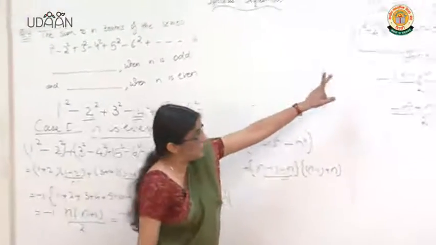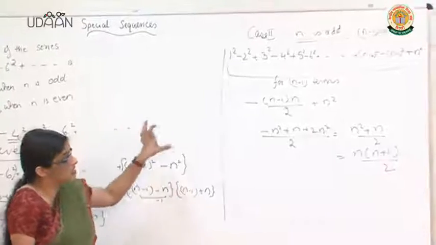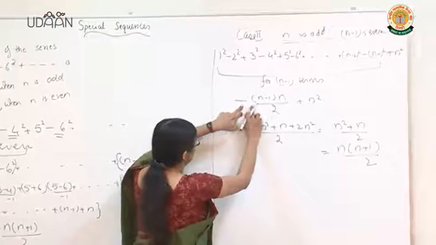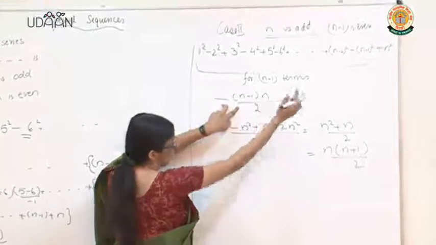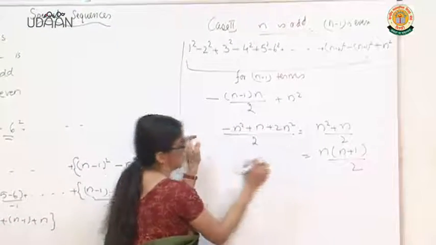In the second case, n odd, n minus 1 will be even. So apply this result for the first n minus 1 terms, which becomes minus of n minus 1 into n by 2, and the last term I have written like that only, plus n square, after that the calculation.